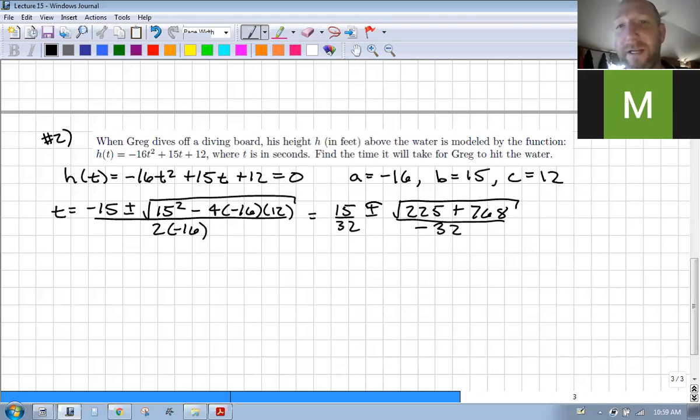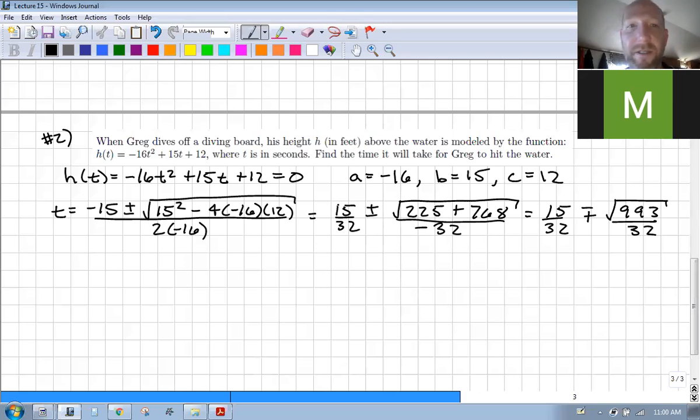Remember, the plus minus makes a negative and the minus minus makes a plus. So we could say minus plus here if we wanted, because the plus minus gives us the minus, minus minus gives us the plus. But again, this is the same as that anyway, so that minus down there doesn't matter. So we have 225 plus 768, 993.